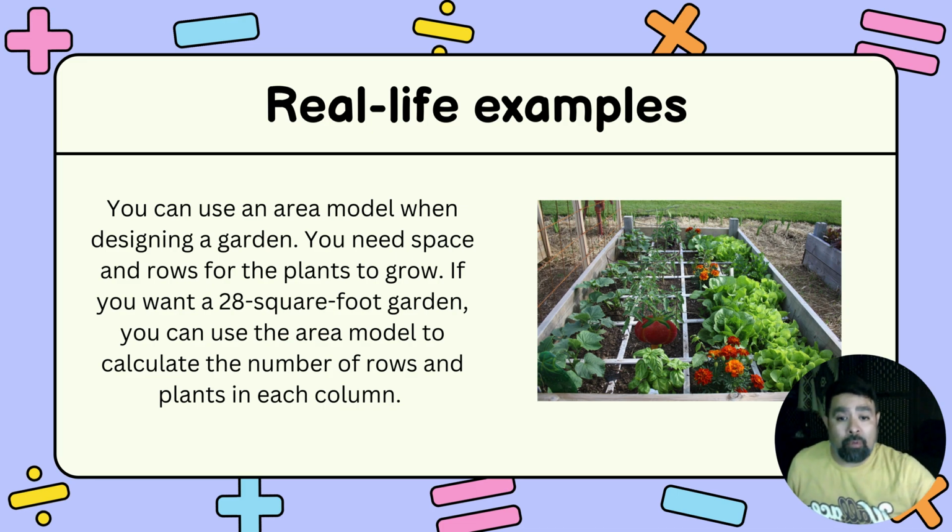So for them to grow properly, this is something that you could use to figure that out. How big is your space? How many plants you can grow per square foot? And so area model will help you calculate this, how the number of rows and columns for each plant.